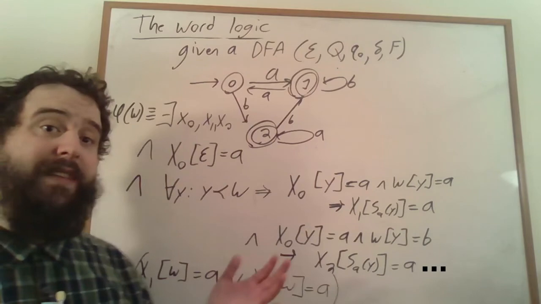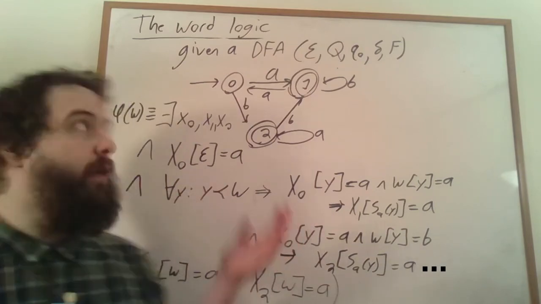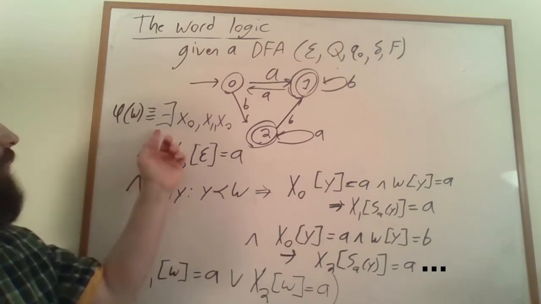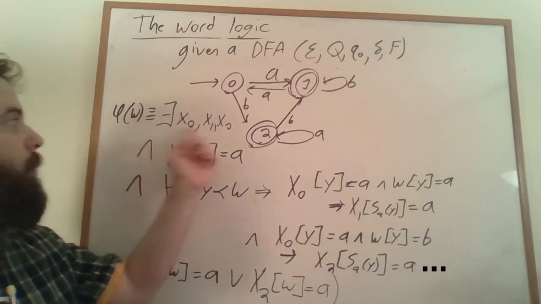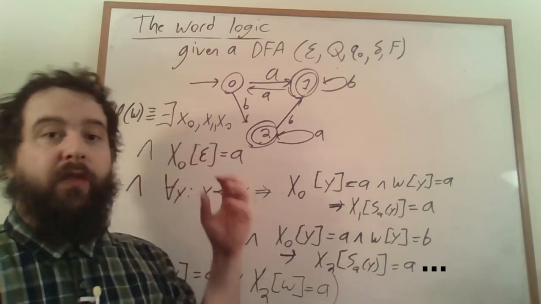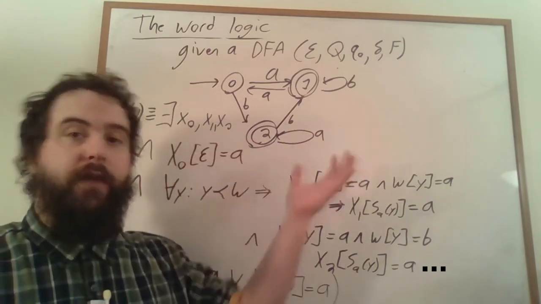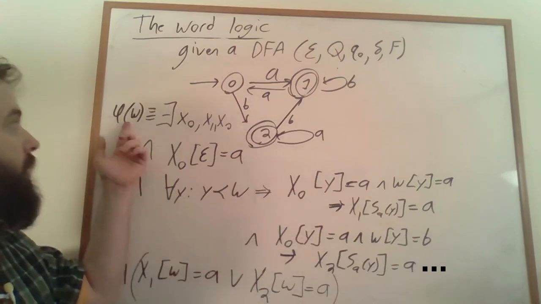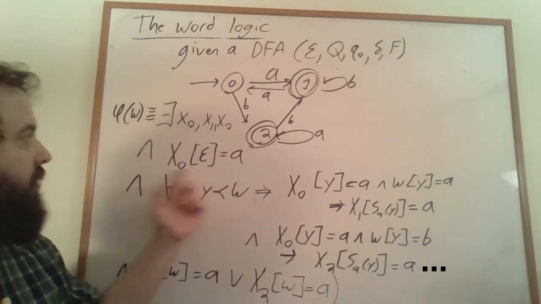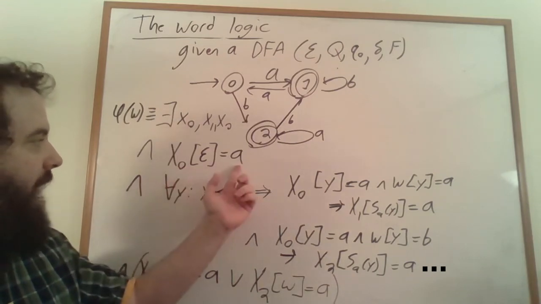And the generalization of this is actually pretty straightforward. If we have any deterministic finite state automaton, we just say that there exists a word for each state. We specify that those words together form a representation of a run of an automaton reading the word w. And then we specify that the start state begins with an a.